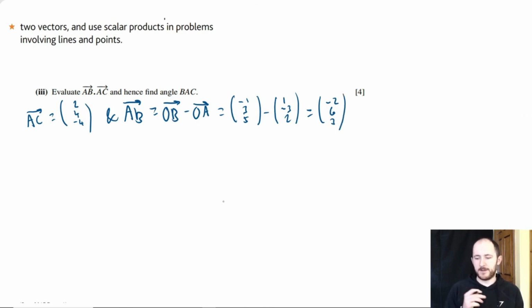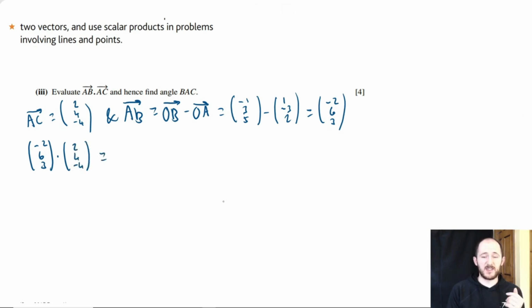Okay, so the two definitions of the dot product are as follows. So if you do the dot product between two vectors like this, you would write it as so. So minus 2, 6, 3, dot, and then AC. So that was AB, this is AC. And it's actually quite easy. So what you do is you times the components and add them all together. So this is what it would look like.